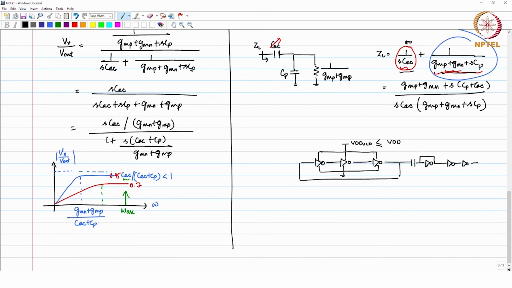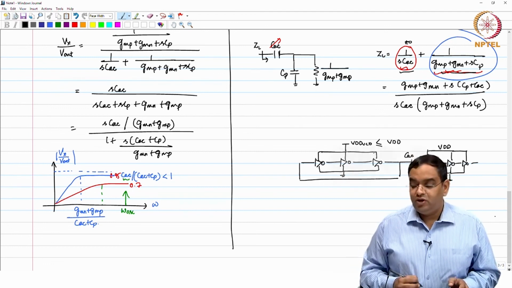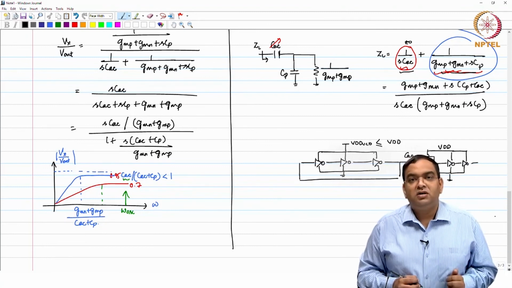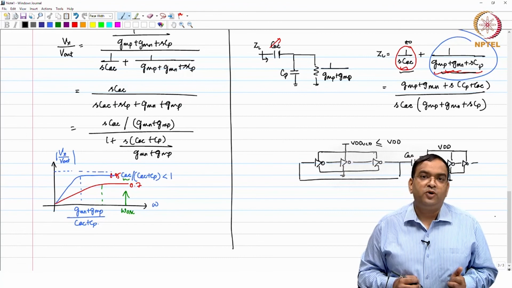Okay, this is connected here. All these are connected to full VDD. This CAC. You do not connect any CP. The CP capacitor will come on its own. Okay. That is how you convert the limited swing of the inverter to full swing for the full swing clock at the output. Okay. Thank you.